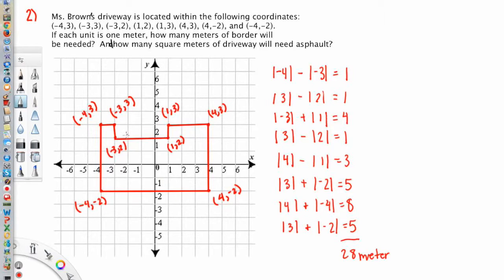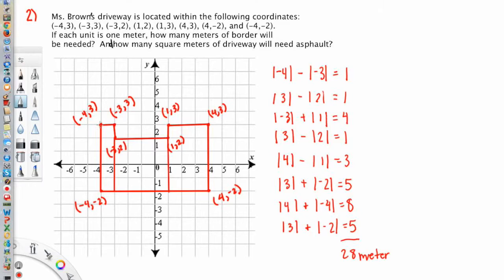Okay, what I'm going to do here is decompose this irregular polygon into 1, 2, 3 rectangles. We see the 3 rectangles. This first rectangle, we've already figured out.